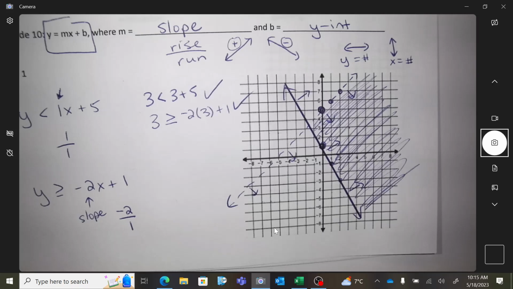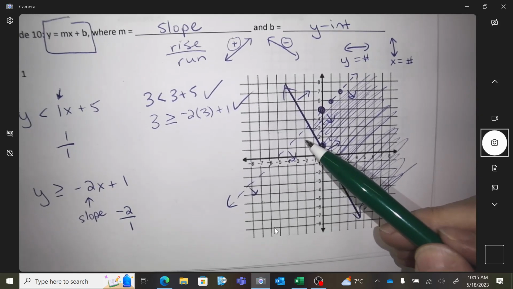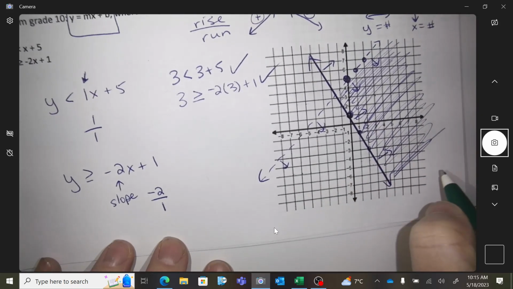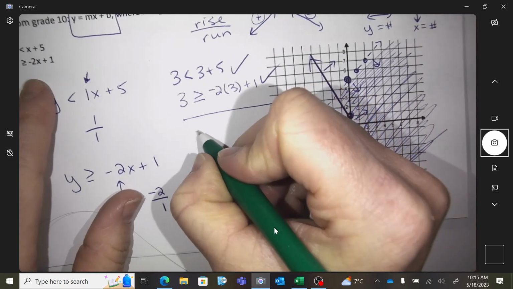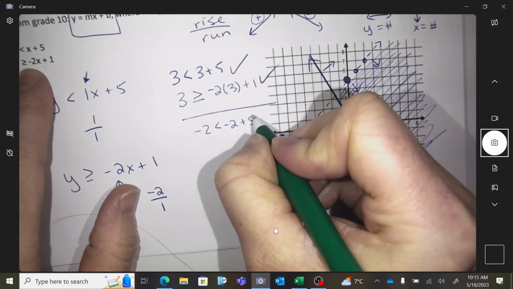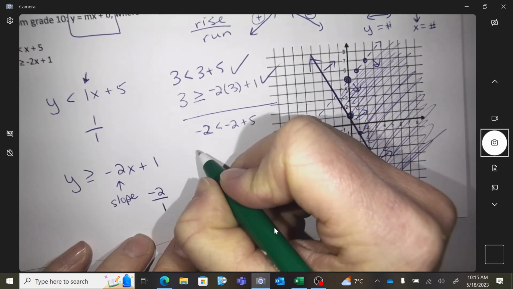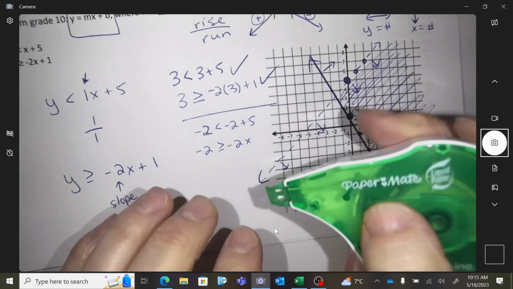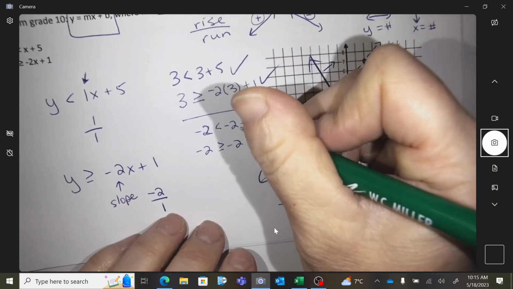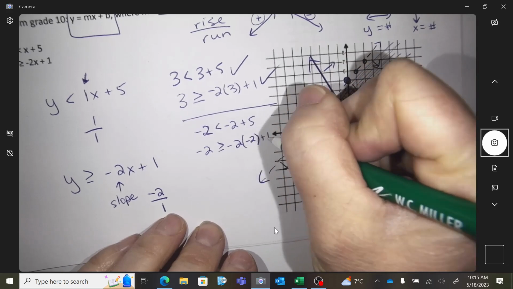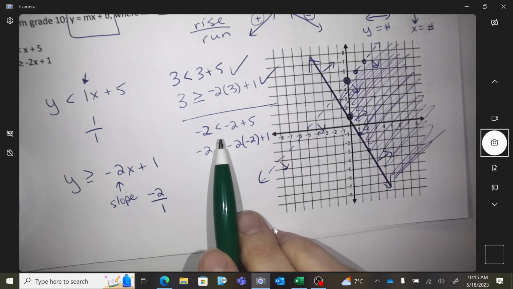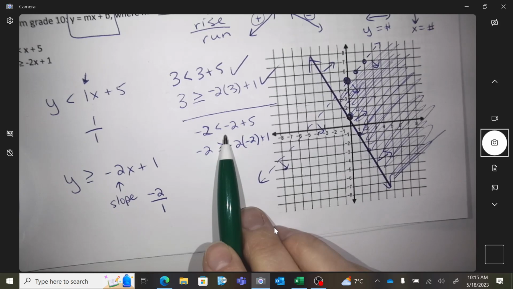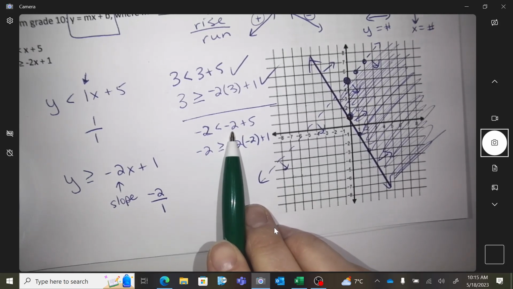What's a coordinate that shouldn't work? Anything. Negative 2, negative 2 shouldn't work. So if I tried that out, it might work in one of them, but it has to work in both of them. Is negative 2 less than 3 plus 5?